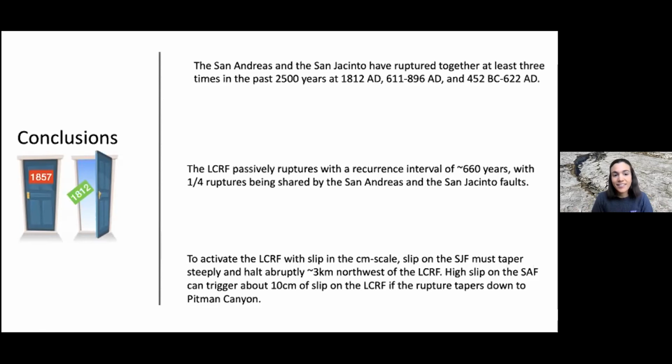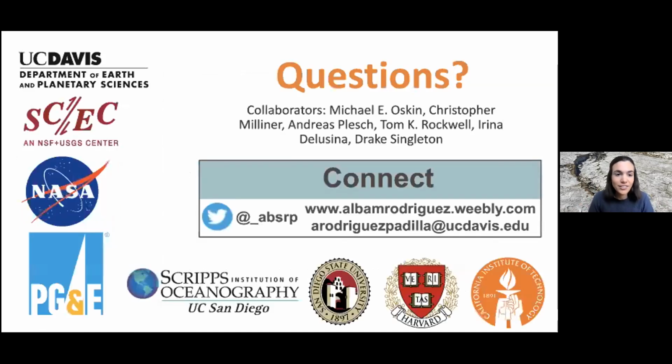Last, to activate the LCRF with slip in the centimeter scale, slip on the San Jacinto fault must taper steeply and halt abruptly about 3 kilometers northwest of the LCRF, and we require high slip on the northern San Jacinto to trigger the amount of slip we observed in the trench. So with this, I'll just take any questions, and again, thank my collaborators one more time.